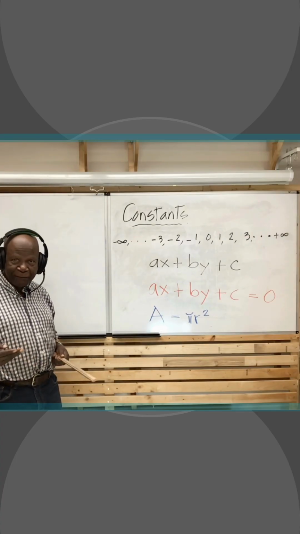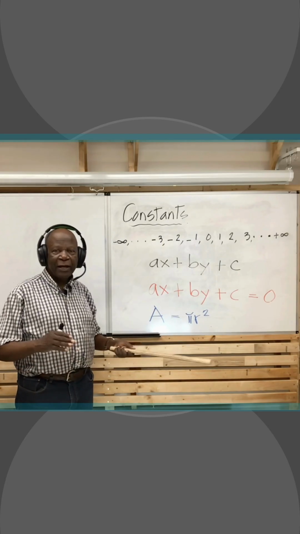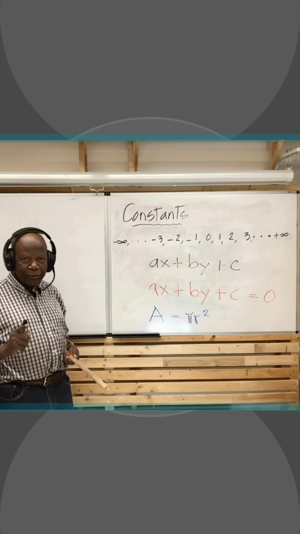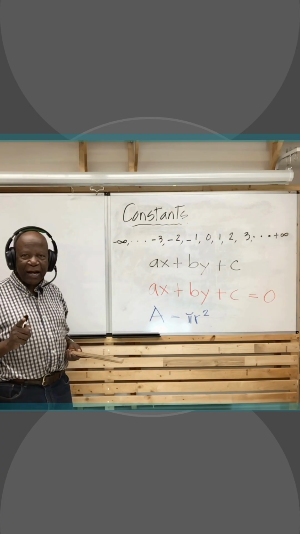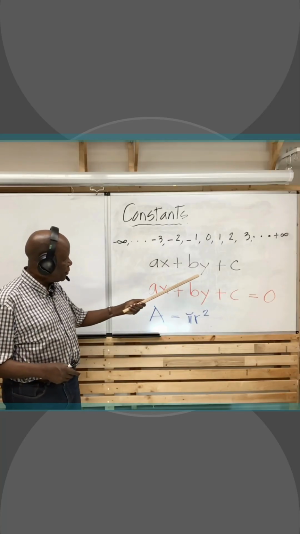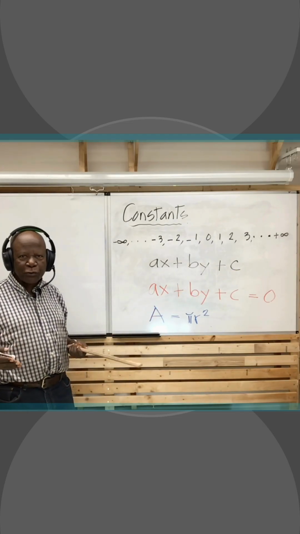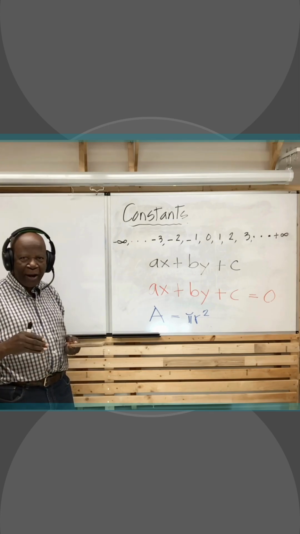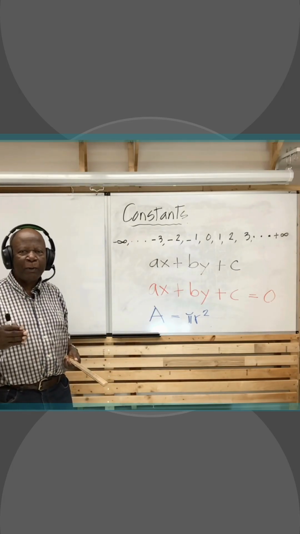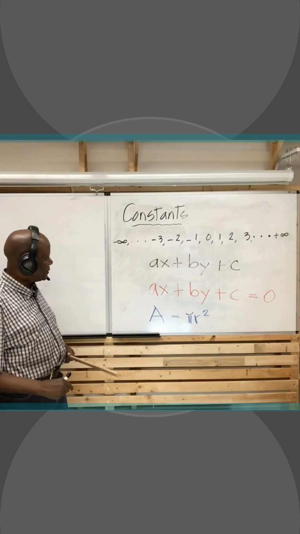Y is a variable, the dependent variable. Then, a, b, and c are numbers, and on their own, they are constants. But here, a serves as a coefficient of x. B serves as a coefficient of y. Okay? Well, you can say c also serves as either a coefficient of x or y, but that y or x is raised to the power of 0. Therefore, it is 1. So that's why we don't worry about it.